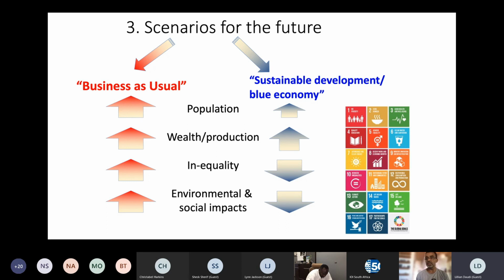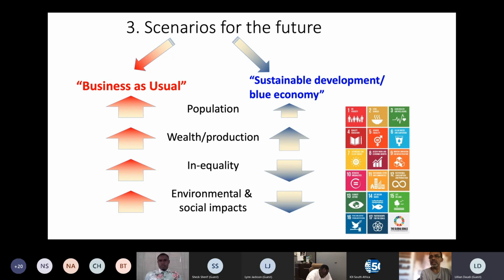Population will expand still, but hopefully we can reduce the degree of increase. And this issue of wealth and production is an important one, because of course we do need to increase incomes, we do need to increase welfare in all of our countries around the West Indian Ocean, around African coastlines as well, because too many people live below the poverty line or are impacted by pollution and so on.